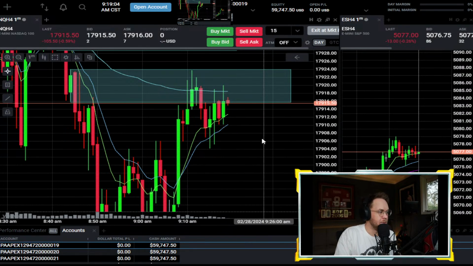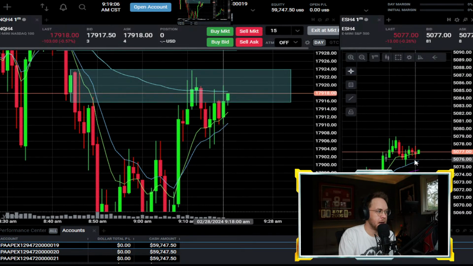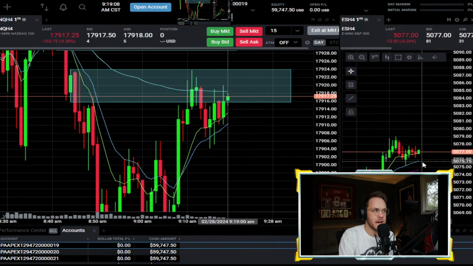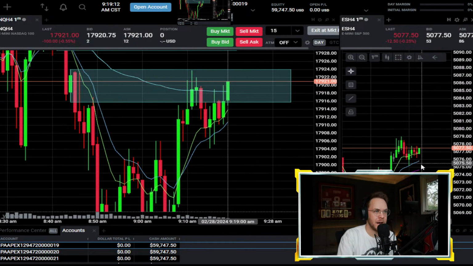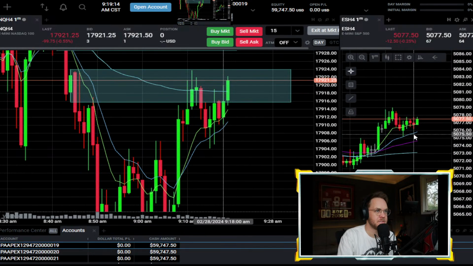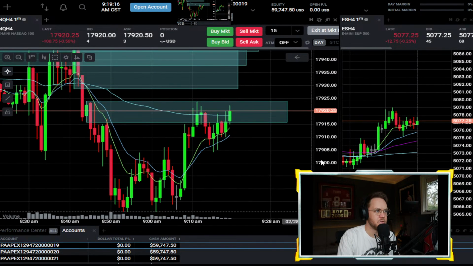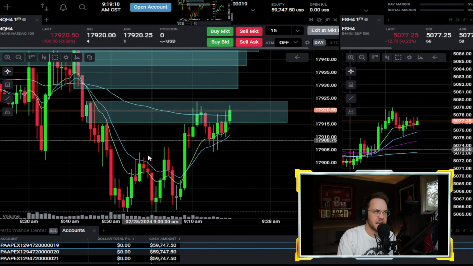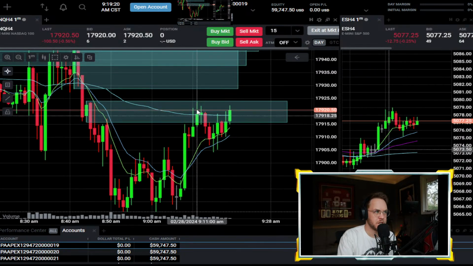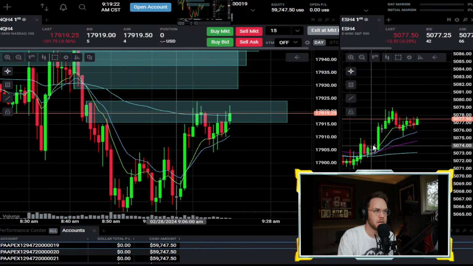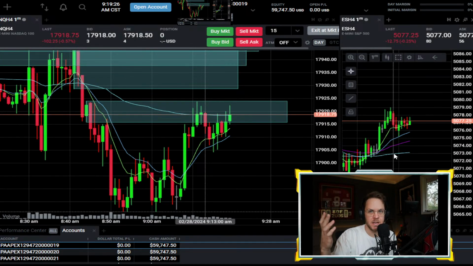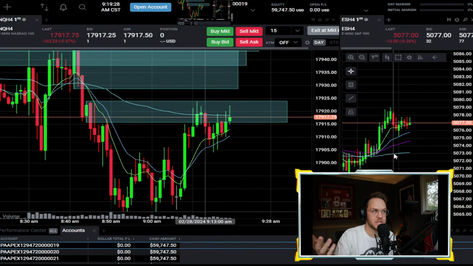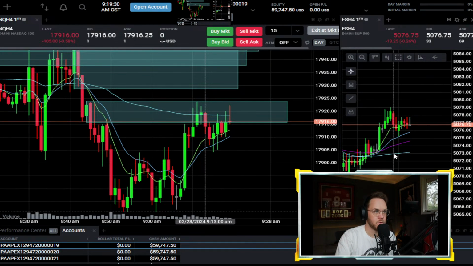On the right here, I have the ES, which is the S&P 500. Oftentimes the S&P 500 and the Nasdaq move pretty similarly. The Nasdaq has much bigger swings because it has more volatility in it. They both contain some of the same companies.